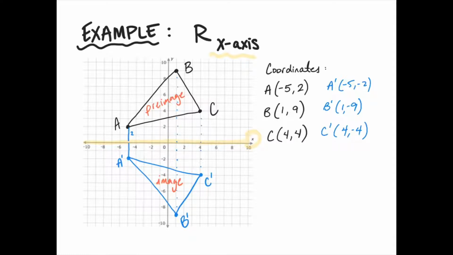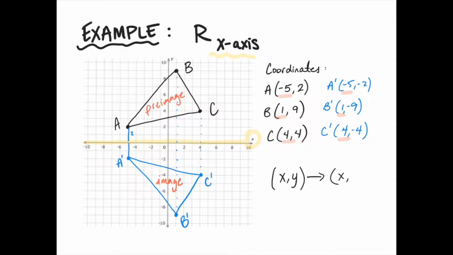So let's see what happens to every x and y coordinate whenever we do a reflection over the x-axis. You might notice that all the x values stayed the same. So when you do a reflection over the x-axis, the x values don't change.